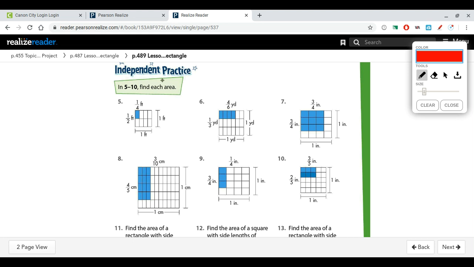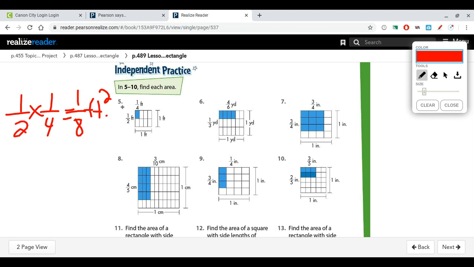So number 5 would be 1/2 times 1/4, which is going to be equal to 1/8 feet squared. So I need to be able to just multiply the two fractions together, but I can see visually this is what it looks like if I'm looking at an area of 1 centimeter versus partial centimeters. So here, this is what a foot would represent. This is what an eighth of a foot would look like.